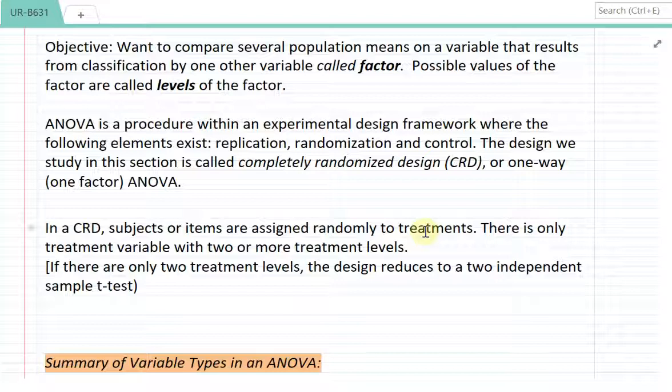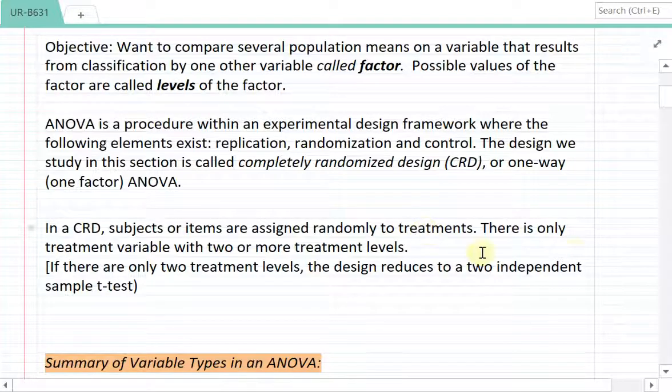So a lot of times they literally apply these treatments, like, for example, pesticides, to plots of land, and then they look at the yield of the crops. So that's the origin of the word treatment, which still stays with us. As you will see later on, treatments are not necessarily pesticides, potash, nitrogen, or things like that. They could be other things.